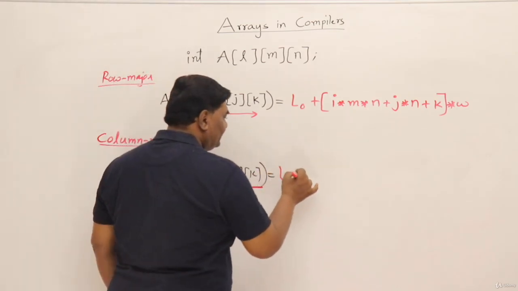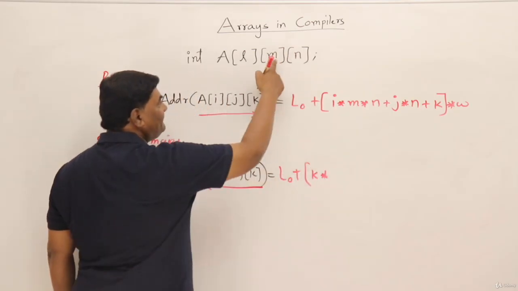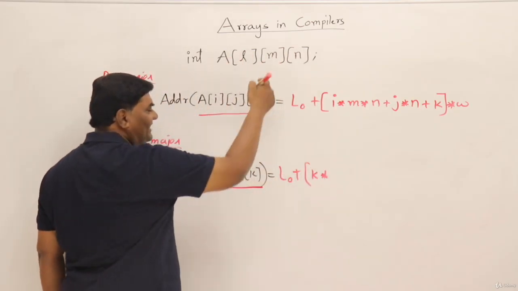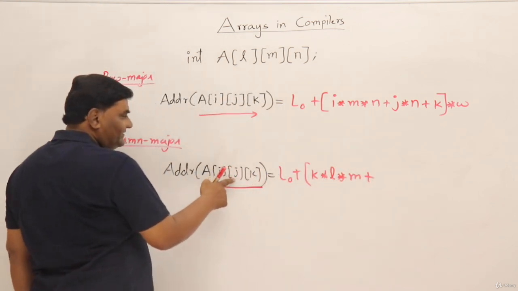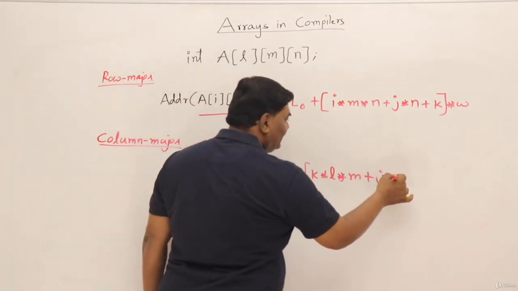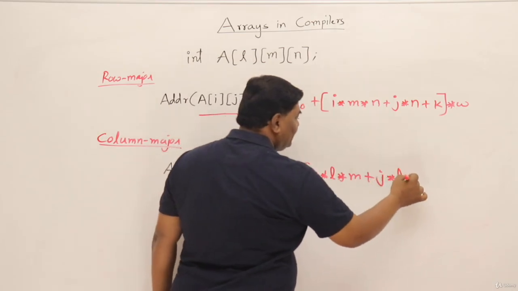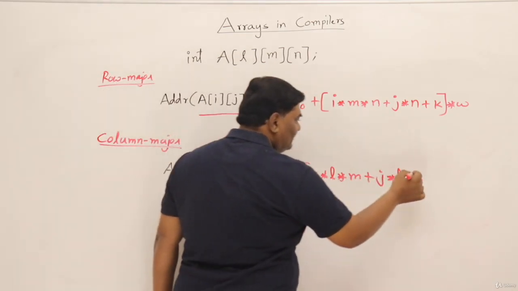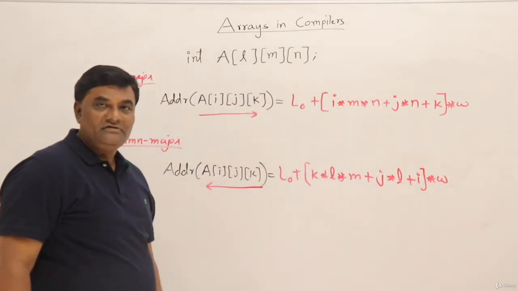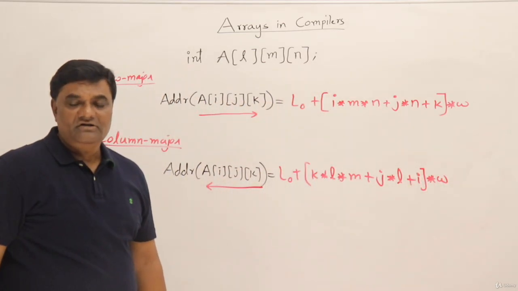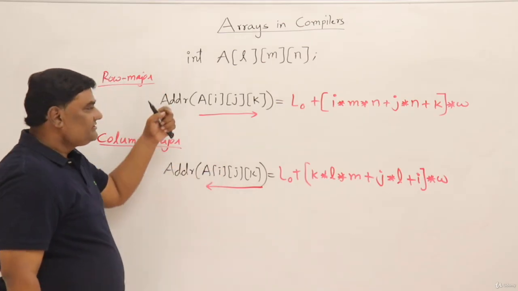So this is L0 plus, first take K. K multiplied by, K is for the last dimension, so multiply with M and L. So we will write L into M. Plus, next index is J. So J multiplied by, J is for the second dimension, so take L. Then plus I multiplied by W. That's all. This is the column measure formula for a 3-dimension array.